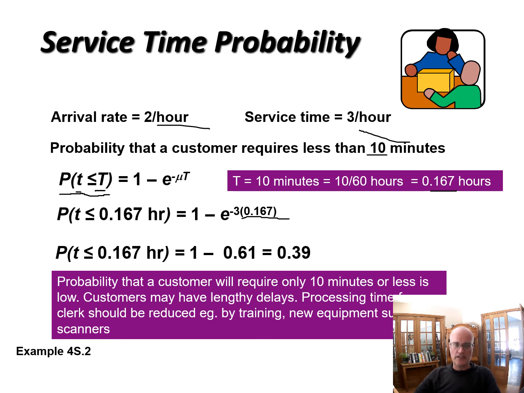And the probability that it takes less than 10 minutes is 0.39. So 40% of the time we finish a customer in less than 10 minutes. So we can establish standards. We can look at changing the service rate by improving training or adding another support person or all sorts of things. And then we can evaluate whether we're achieving the targets that we want to achieve.